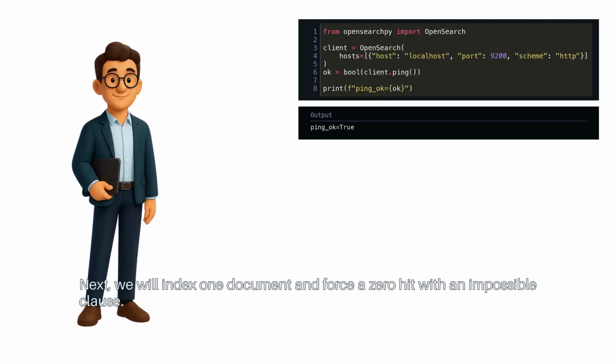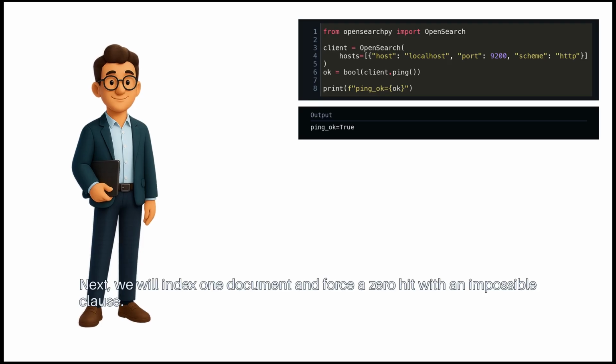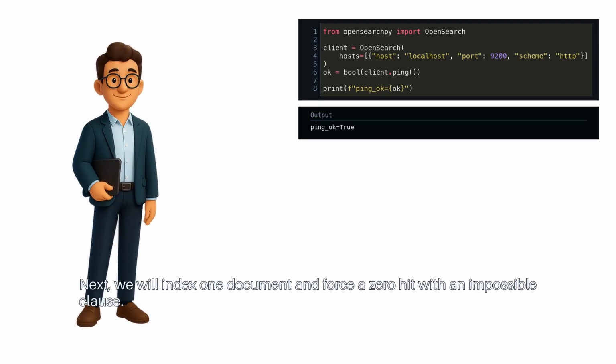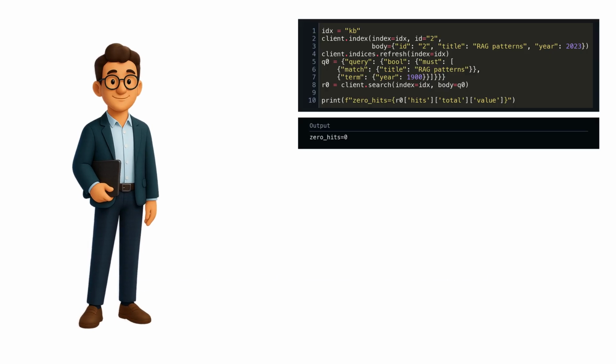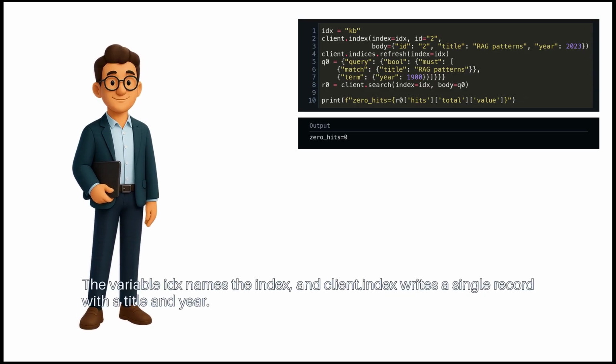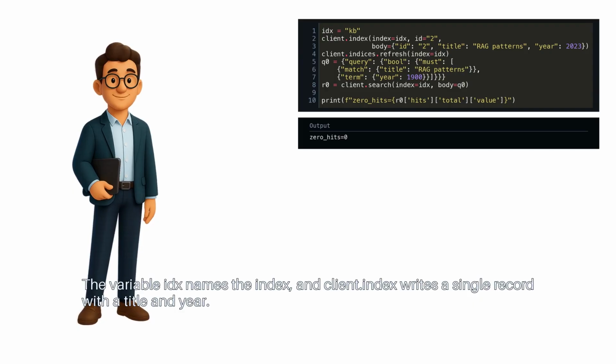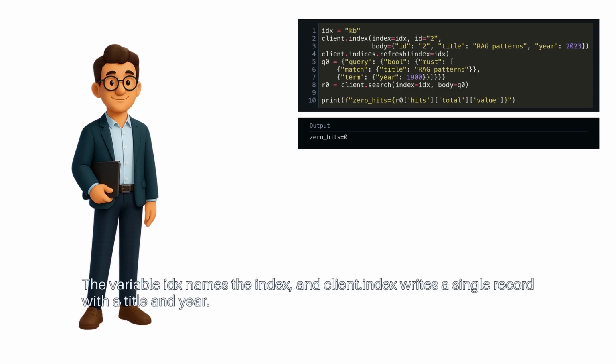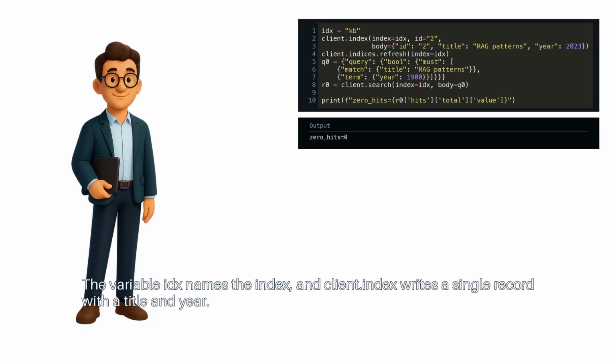Next, we will index one document and force a zero hit with an impossible clause. This example indexes a small document and triggers a zero-result strict query. The variable IDX names the index, and client.index writes a single record with a title and year.